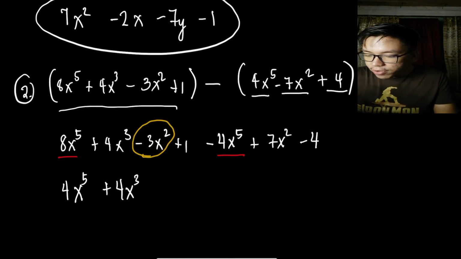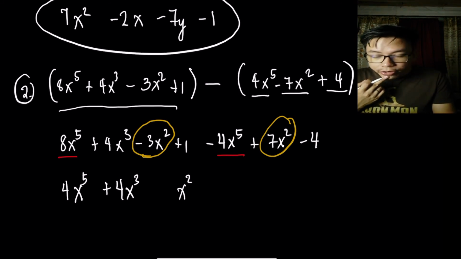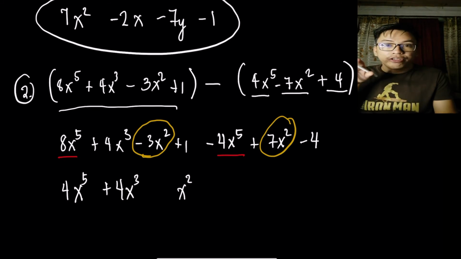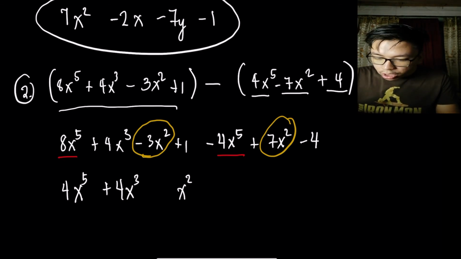I also have 7x squared. Rule number 2, you just have to copy the variable and then add the corresponding coefficient. However, they have different signs, one is positive, the other one is negative, so I'll get the subtraction. 3 minus 7 or 7 minus 3, you get 4.